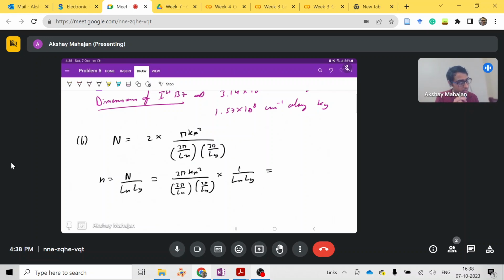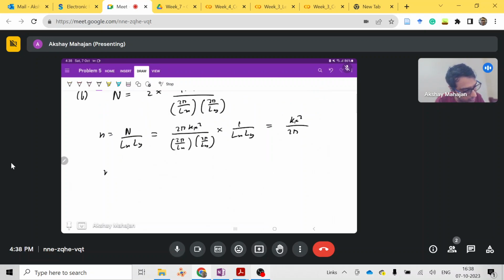Just a revision. Okay, so you know that this n is going to give you kf square upon 2 pi, so we know that our kf radius comes as the square root of 2 pi n.